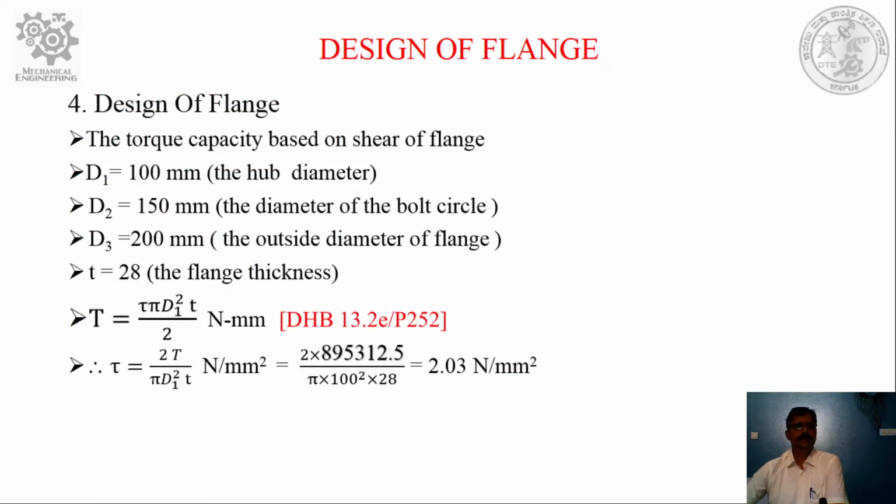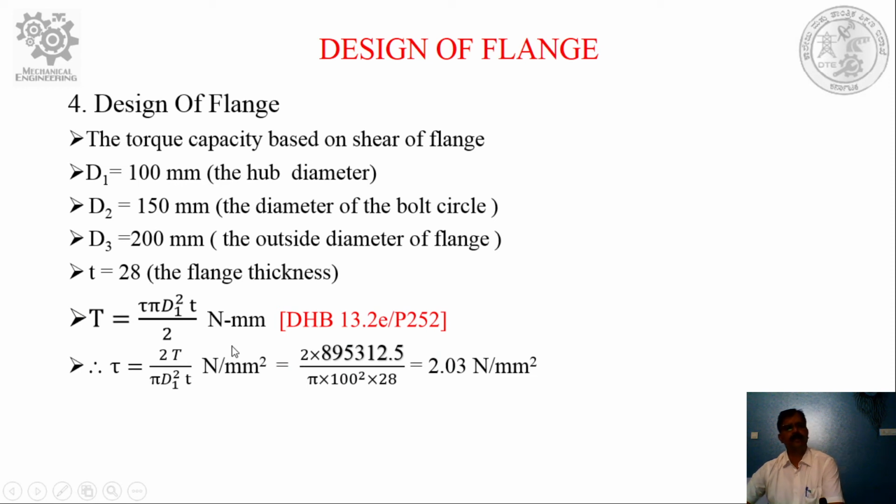Now the design of the flange. Torque capacity based on the shear of the flange. Here we have D1 is equal to 100 millimeter, D2 is equal to 150 millimeter, D3 is equal to 200 millimeter, and T is equal to 28, the flange thickness here. Now we substitute the values here, that is the shearing strength of the flange.